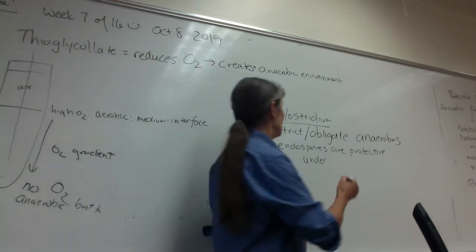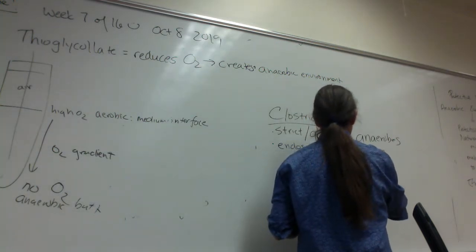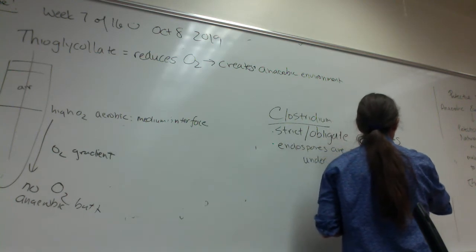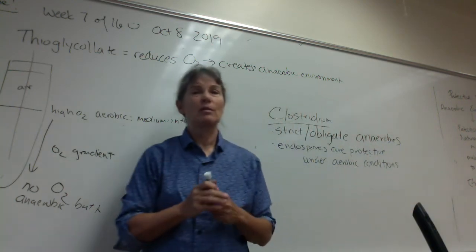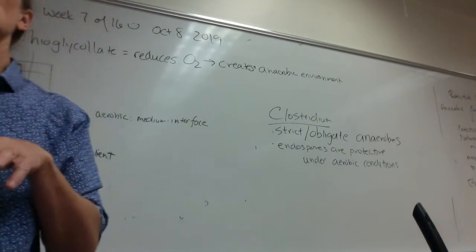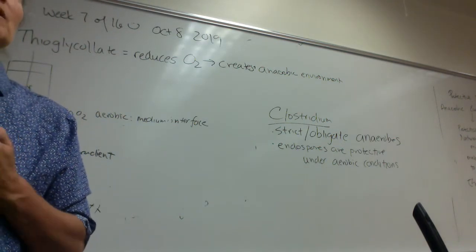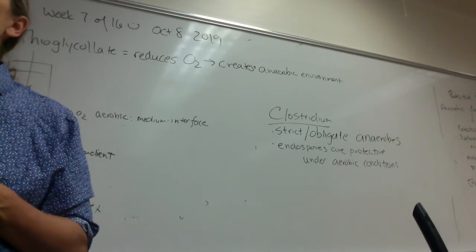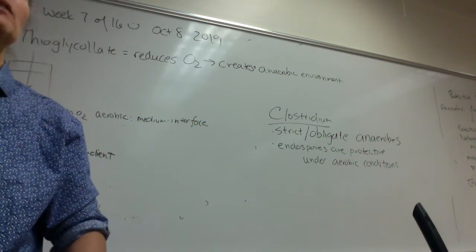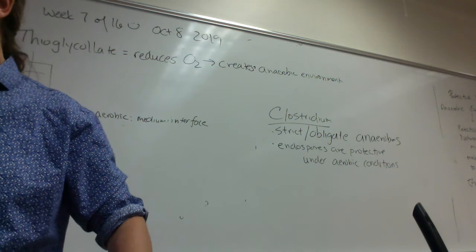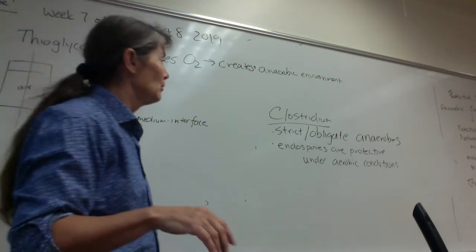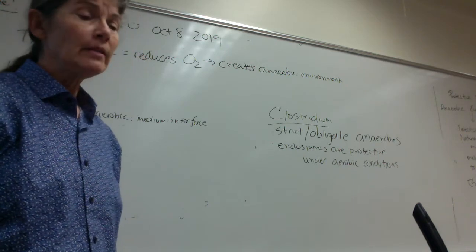The endospores protect the Clostridia under aerobic conditions, and that's important to know. They can only grow under anaerobic conditions, but those endospores, whose job is to protect them, will protect them from being killed by aerobic conditions.